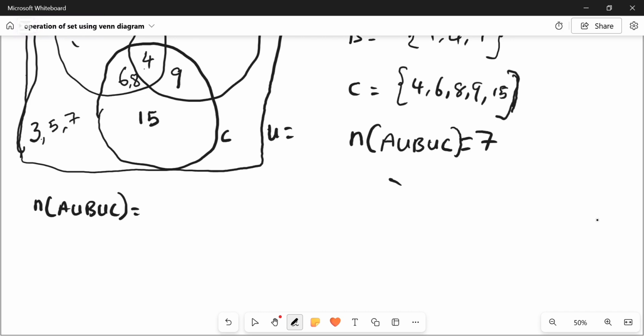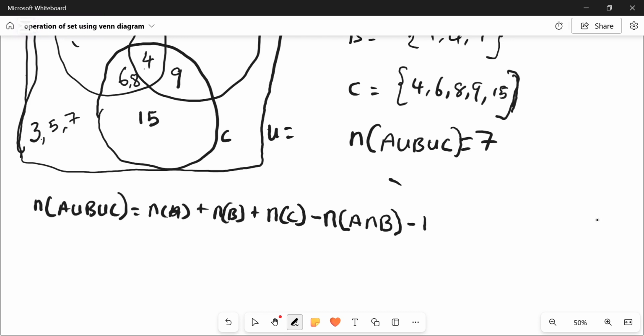So number of elements in subset A plus number of elements in subset B plus number of elements in subset C minus, or you subtract, your number of elements in A intersect B, that is where A and B intersect.